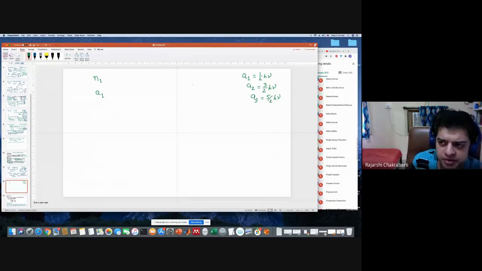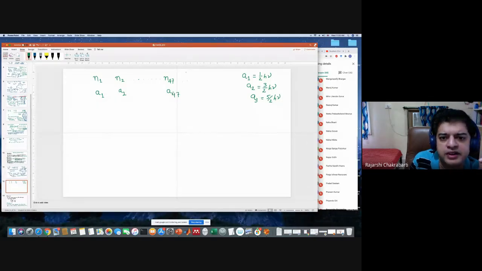You make measurements, and you get the value a1 for n1 times, value a2 for n2 times, like this, up to n47 times a47, whatever. Remember, these n's are not quantum numbers. I use the same notation, but these are not quantum numbers.